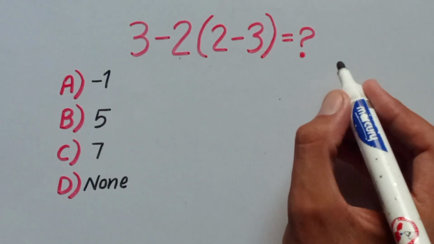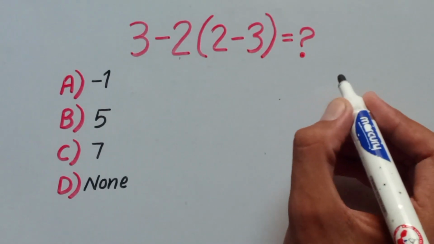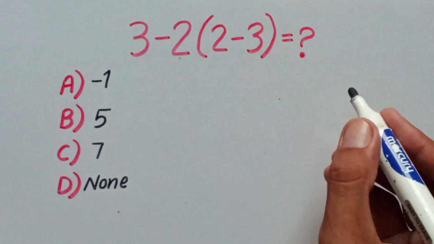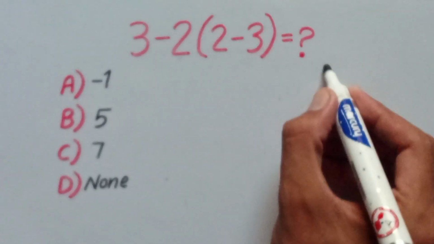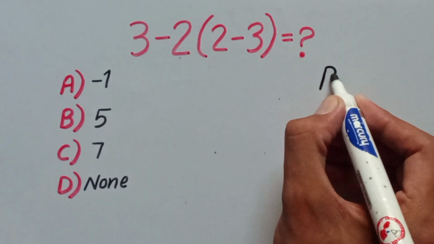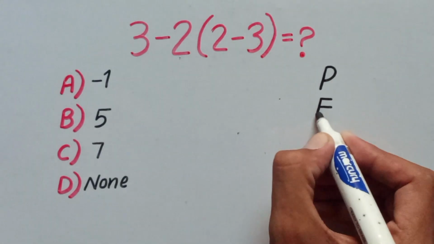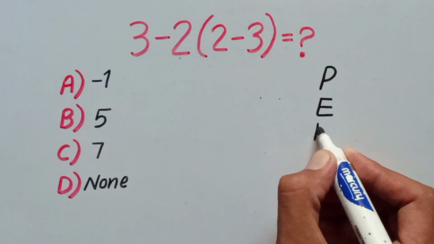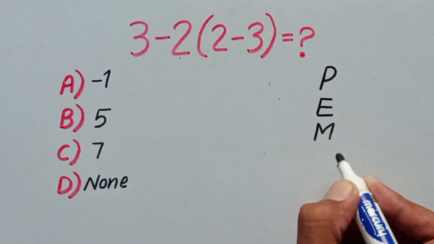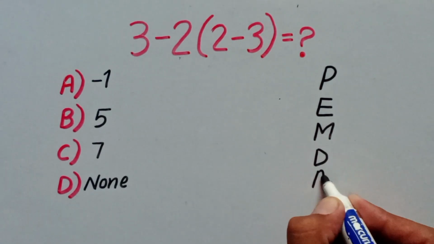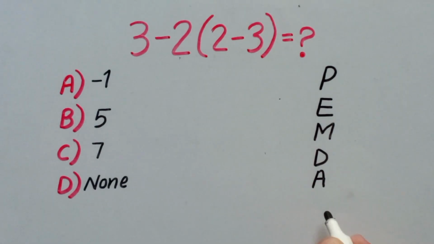So guys, first of all, for order of operations, one rule is used which is called PEMDAS, where P stands for parentheses, E stands for exponent, M stands for multiplication, D stands for division, A and S stand for addition and subtraction.